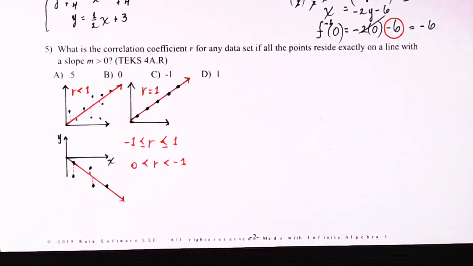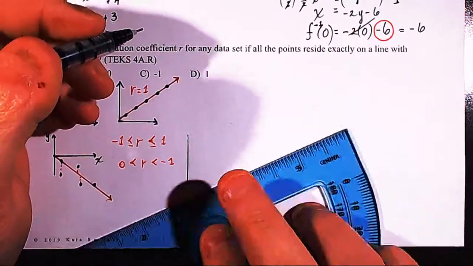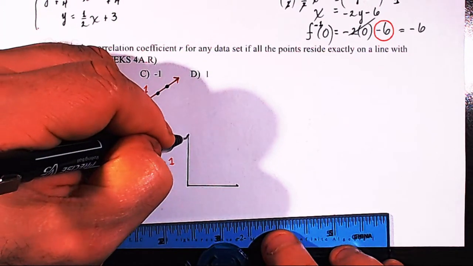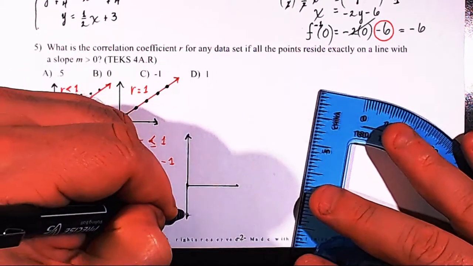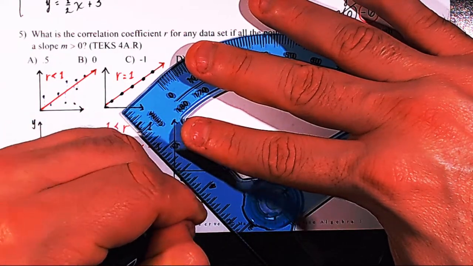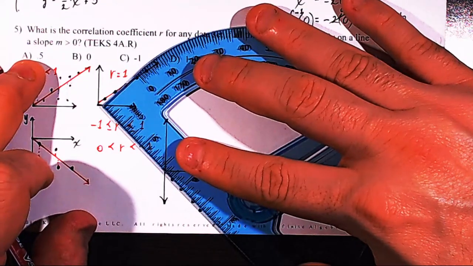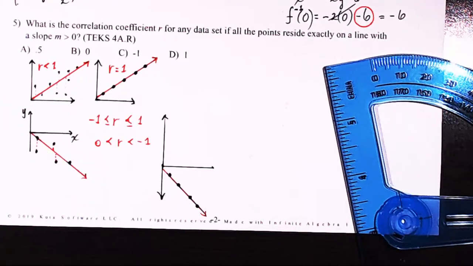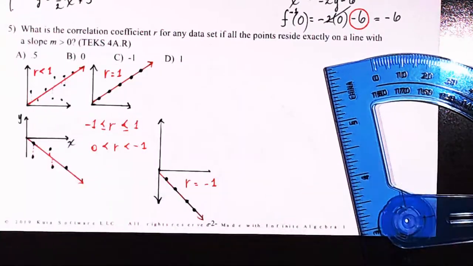Okay, so a perfectly negative correlation would look like this, again where we can fit a line exactly on these points right here. So this would be R equals -1.